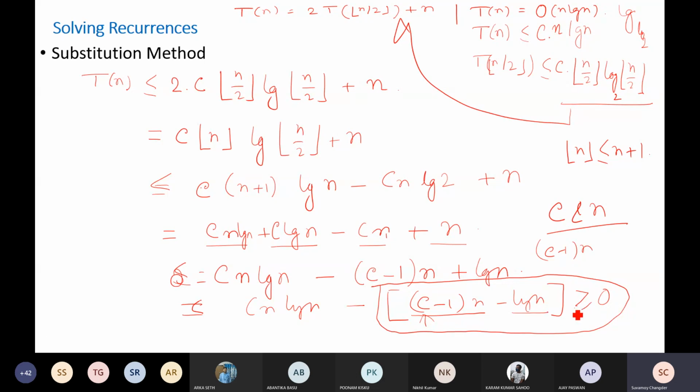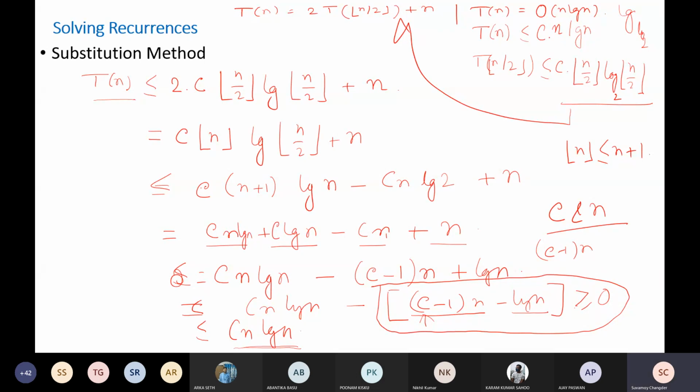So if this term is greater than or equal to 0, can we write that this is at most Cn log n? Now see, our assumption was big O of n log n, and here we have found that for this assumption Tn is less than or equal to C into n log n. Therefore we can say our assumption is correct. Clear?